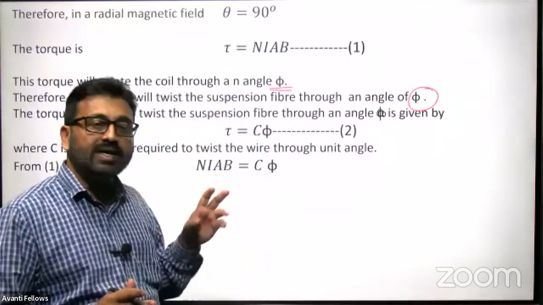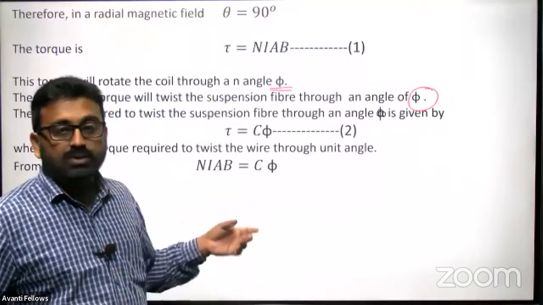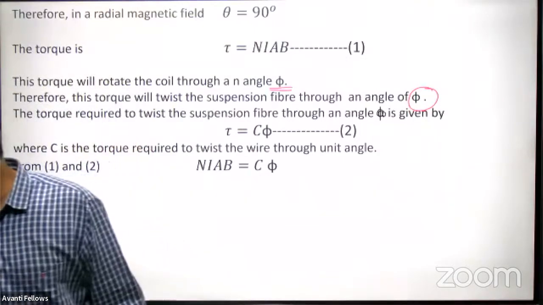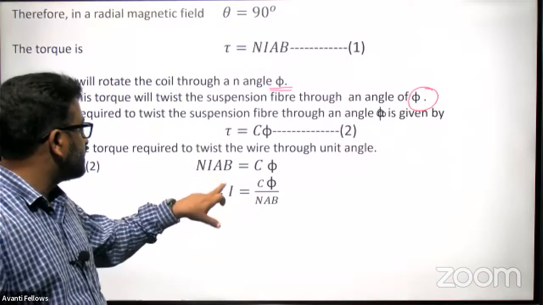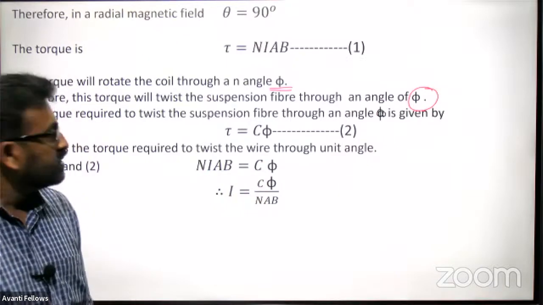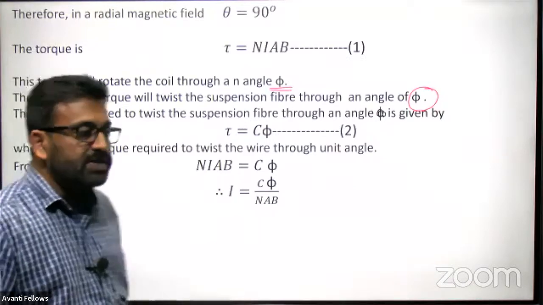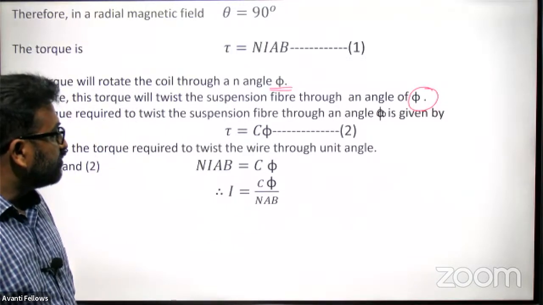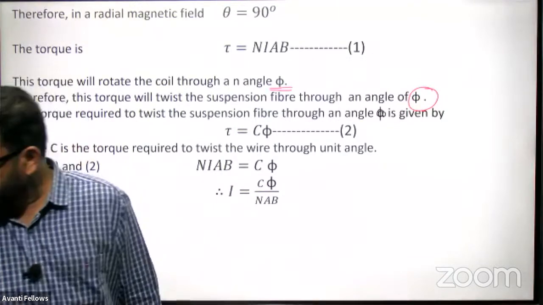If the current is absent, this will try to restore the coil to the original position. Both will be equal, and from this equation the current I equals C phi divided by NAB, where N is the number of turns, A is the area of the coil, and B is the magnetic field.